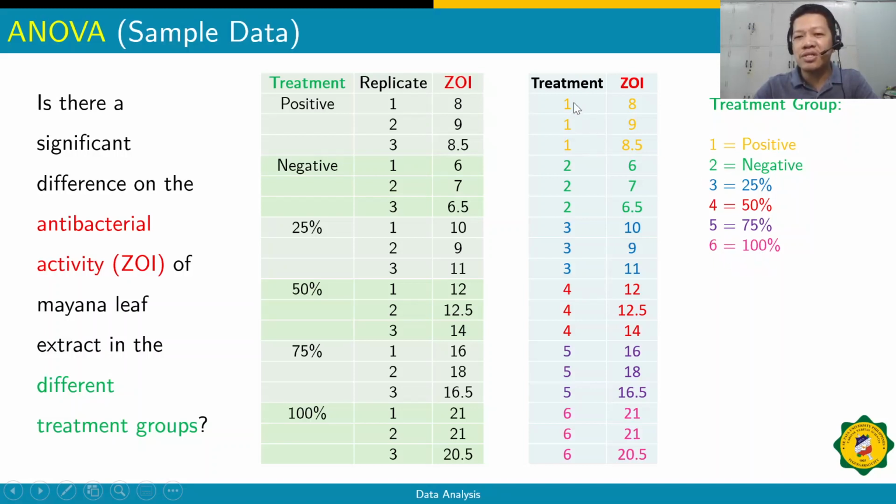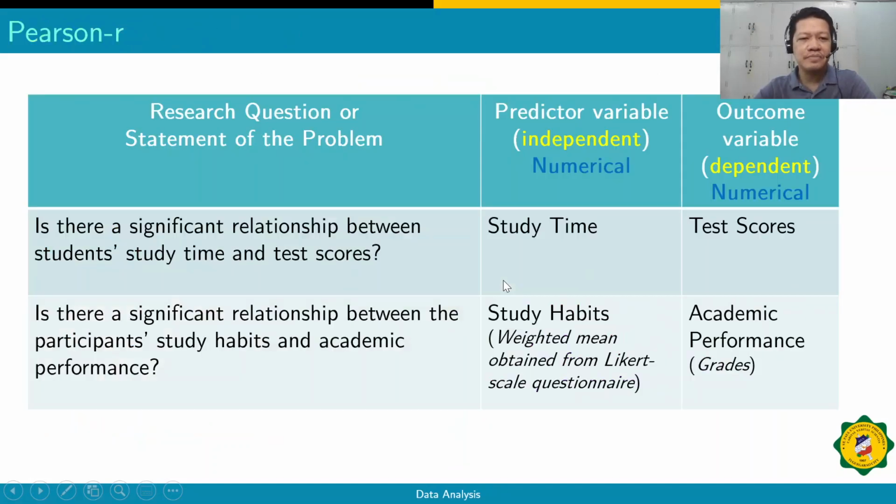So here you use 1, 1, 1 for the positive, the 3 replicates, and then this is their zone of inhibition. For the negative, use 2, 2, 2 for the replicates. And then you have 3, 3, 3 because we have 3 replicates. You have 4 for the 50% leaf extract concentration. So that's how to organize our data so that it can be easily treated using SPSS.